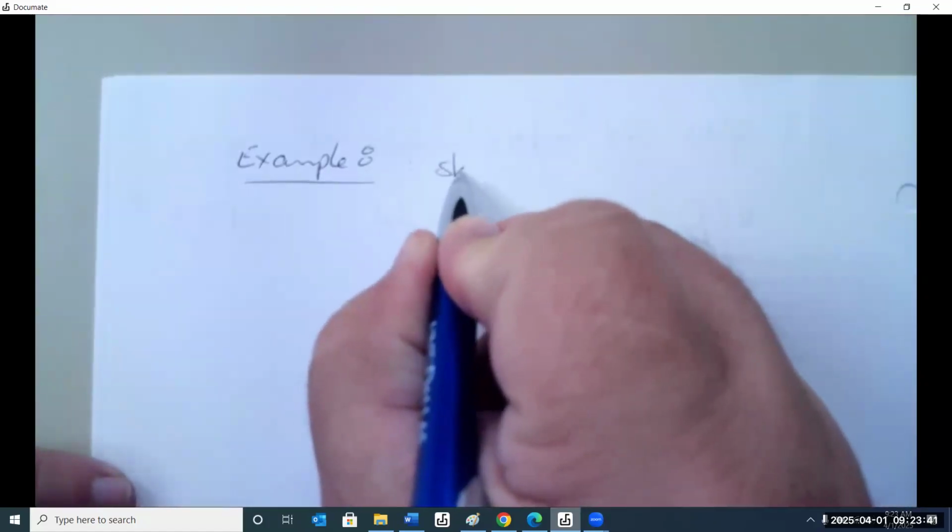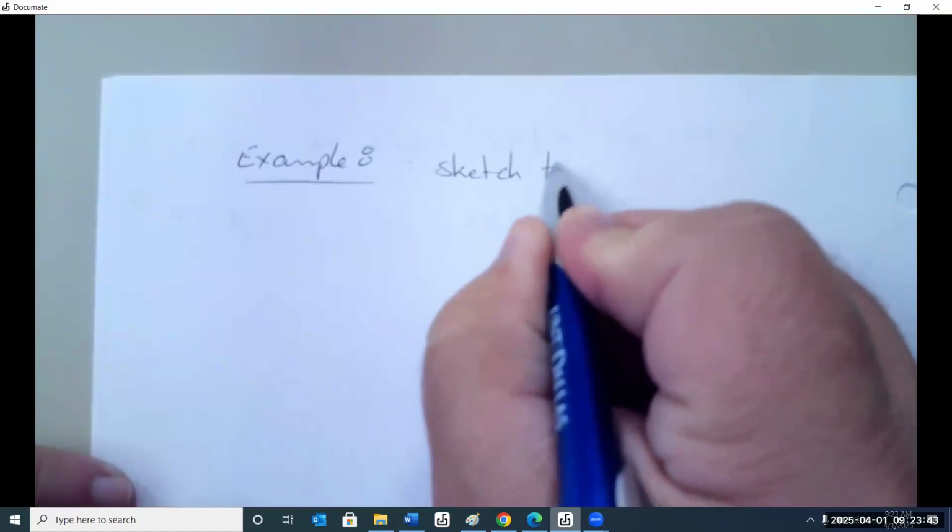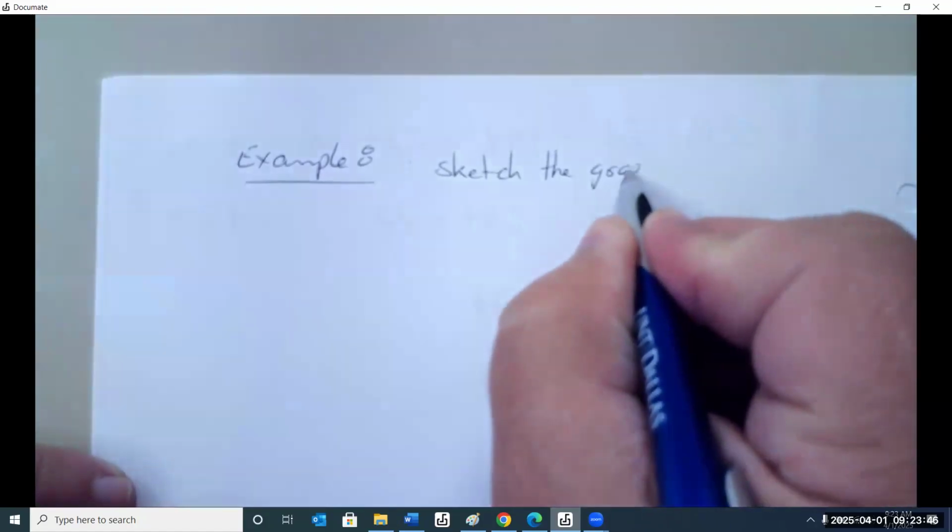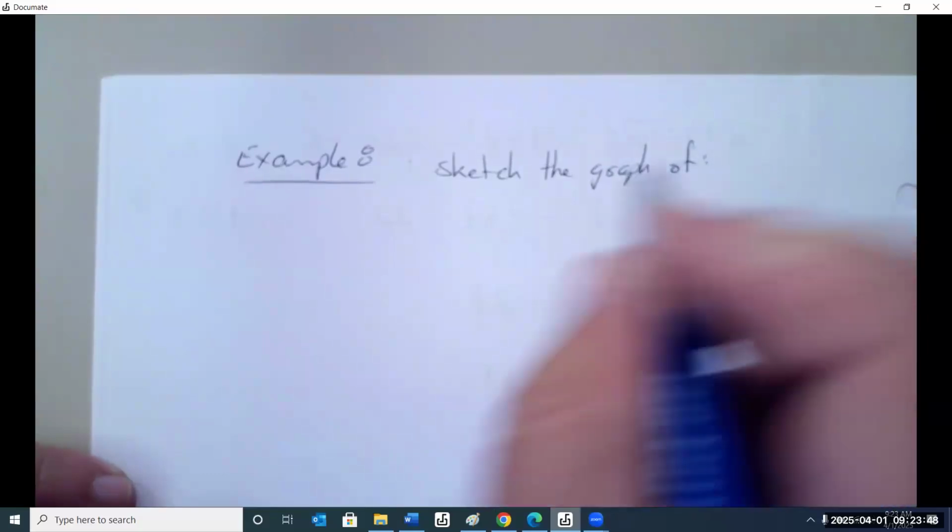Example 8. Sketch the graph of this function.